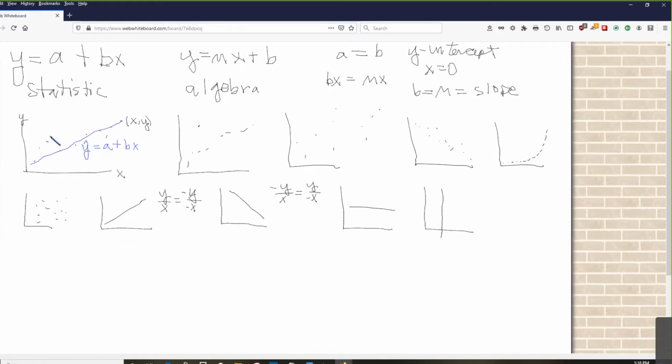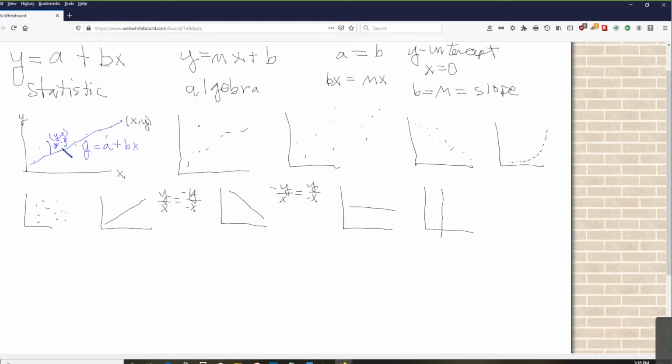Let's say this point here is going to be y1, x1. Then the difference between where that point is and where that line is going to be is the difference between y1 and y hat.